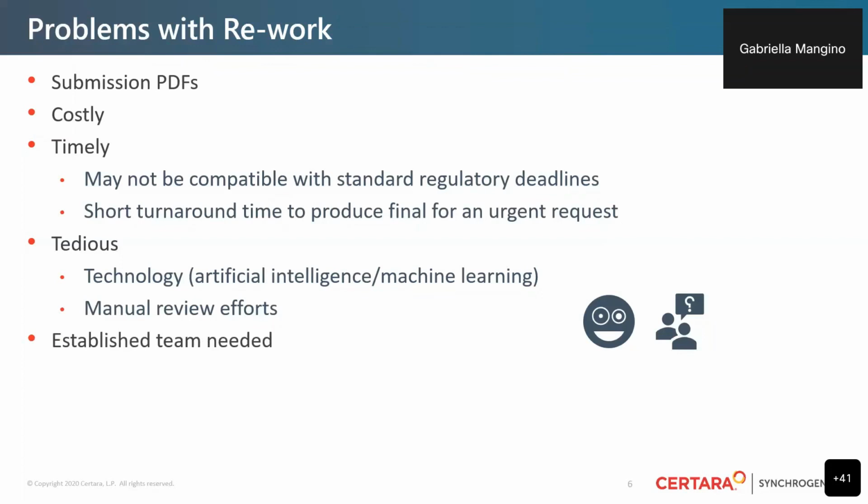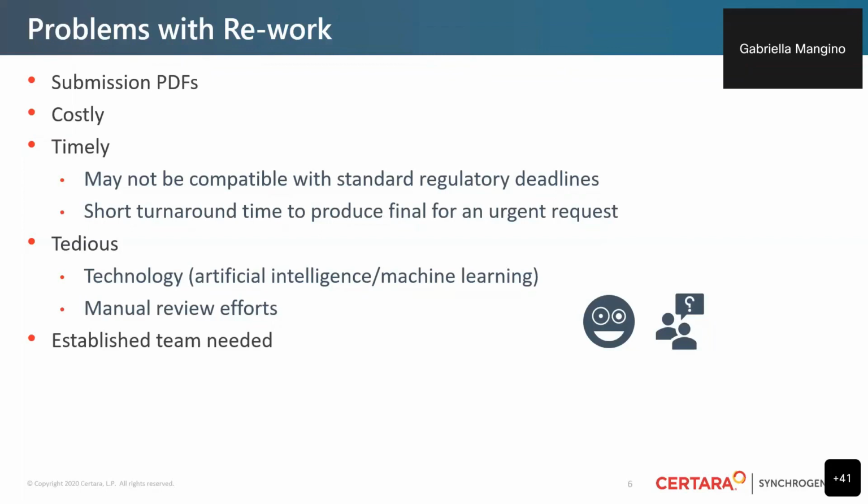As I'm mentioning, our transparency specialists, anonymizers, redactors, these are all individuals on a particular team that supports transparency and disclosure efforts. So this is an established team that is really needed to support this work.